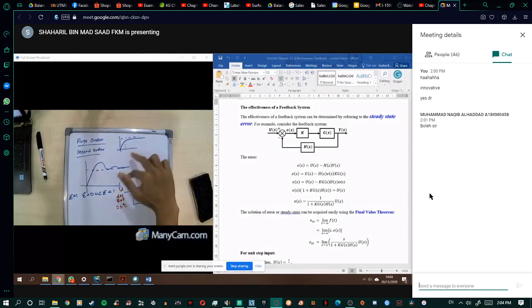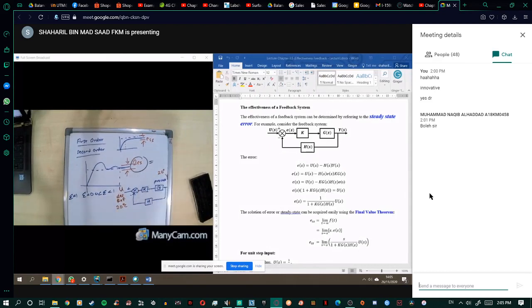Besides that, on this graph we also look at the last value. We call it the steady state error, ESS, right? By looking at the graph, we know the steady state error. The most important thing is that the first order also has a steady state error. In this topic, we are going to look at the value of the steady state error.